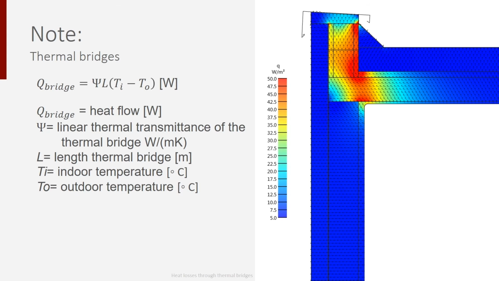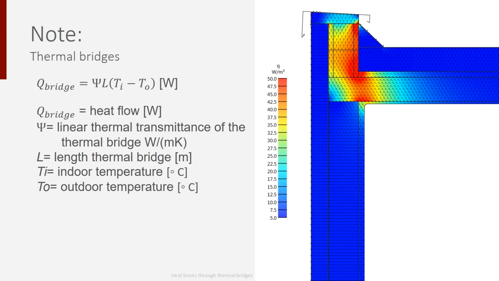They do not only cause extra heat losses, but they also cause damage to the construction or interior because of condensation. Heat losses through thermal bridges can be calculated based on the equation in this slide: the linear thermal transmittance of the thermal bridge multiplied by the length of the thermal bridge multiplied by the temperature difference between indoor and outdoor.